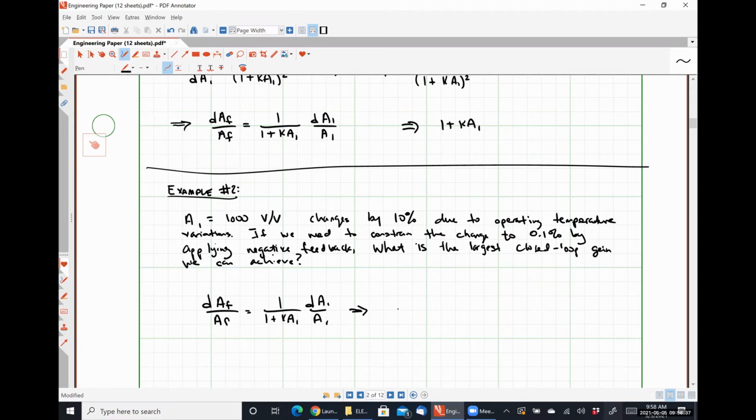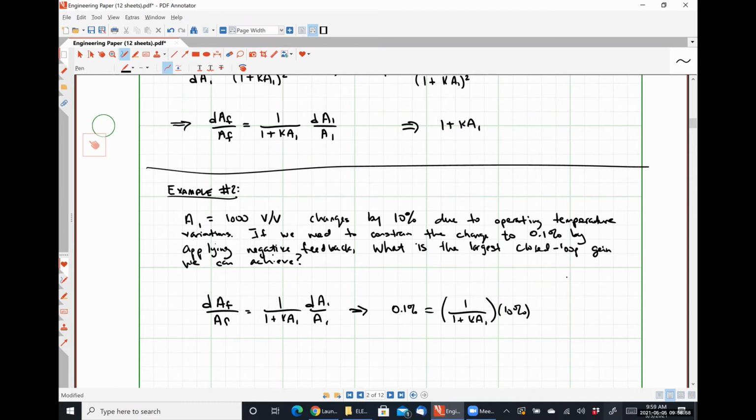So to me, that looks like a 0.1% change in our closed loop gain is equal to 1 over 1 plus KA1 times the 10% change in our open loop gain.